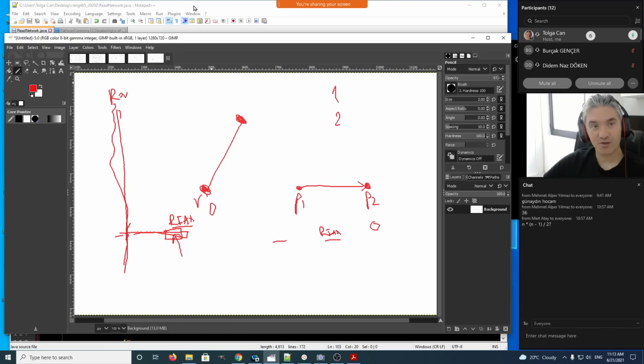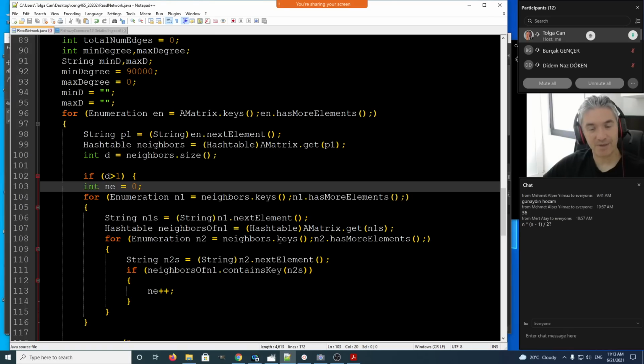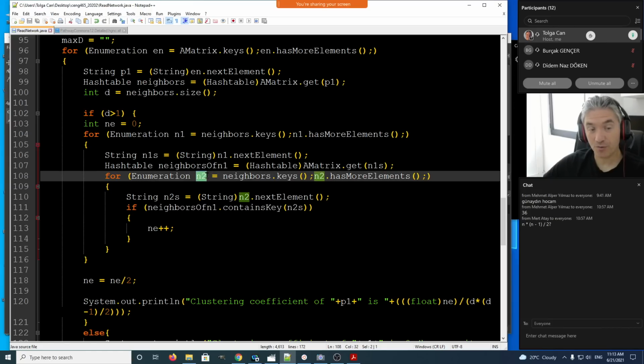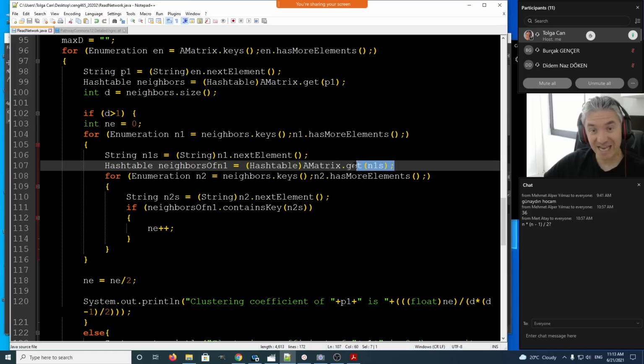This runtime exception happens because when we get the neighbors of n1, where n2 is a neighbor of n1, and I ask for RFX1, which is my neighbor, to get its neighbors as well, this one may return null.